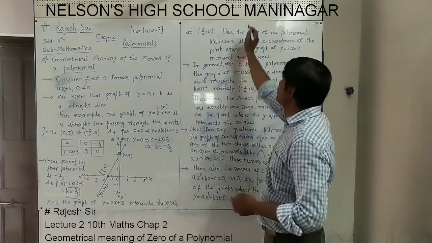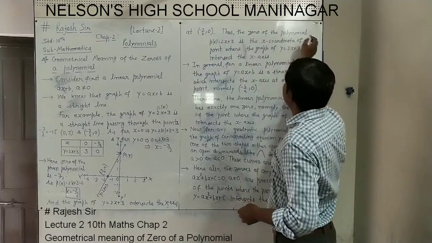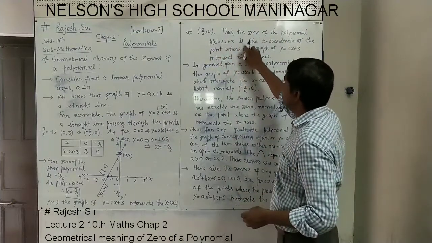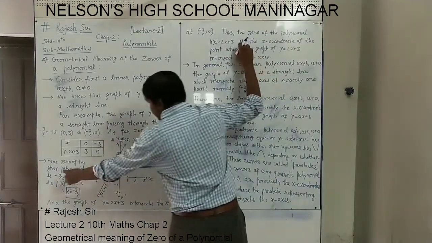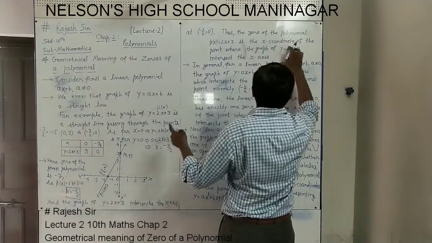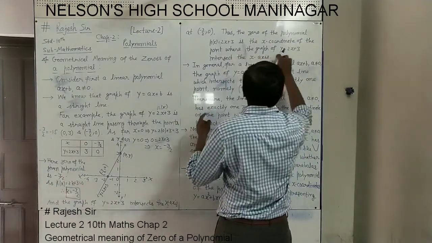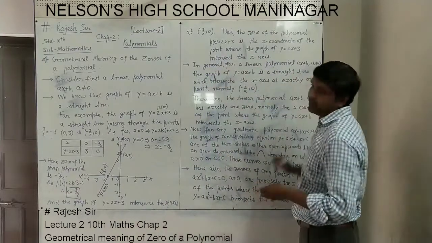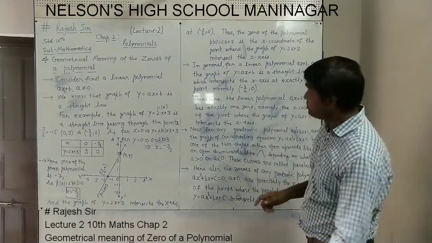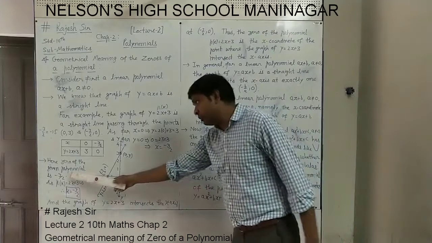What is the relation? The zero of the polynomial 2x plus 3, as you know, minus 3 by 2, is the x coordinate of the point where the graph of y equal to 2x plus 3 intersects the x-axis. What is this minus 3 by 2? It is a zero of the polynomial.